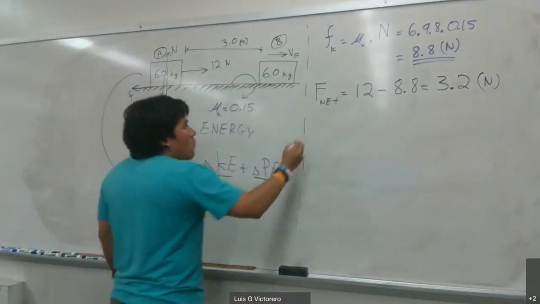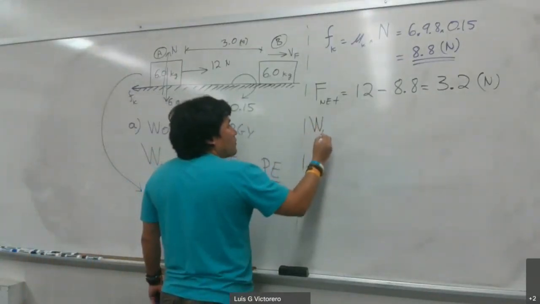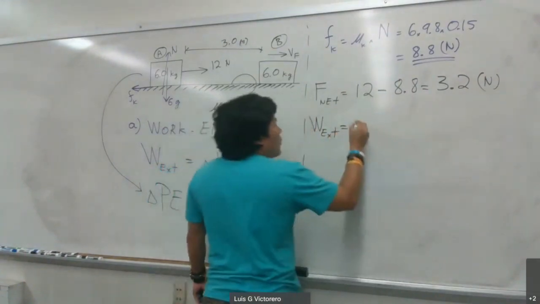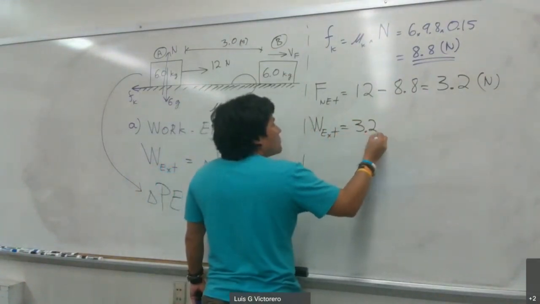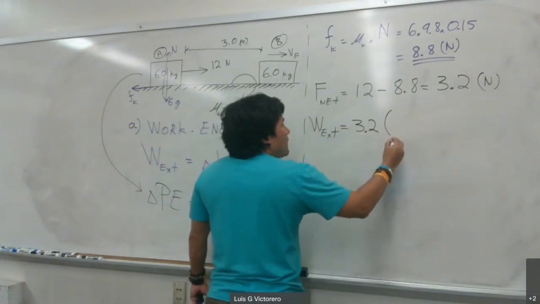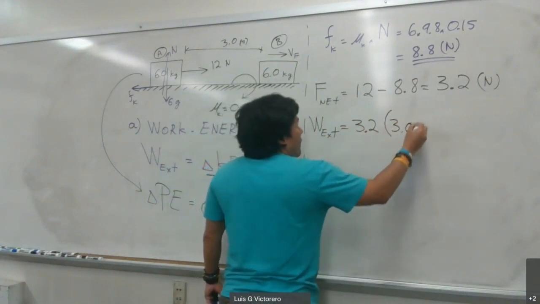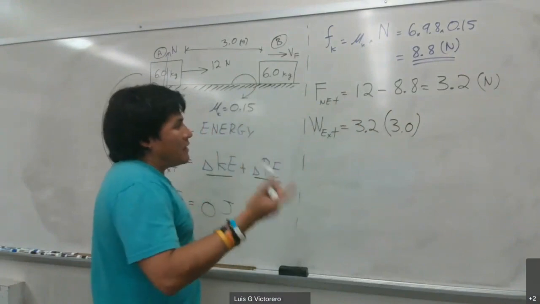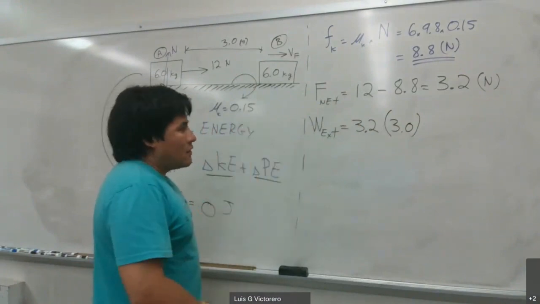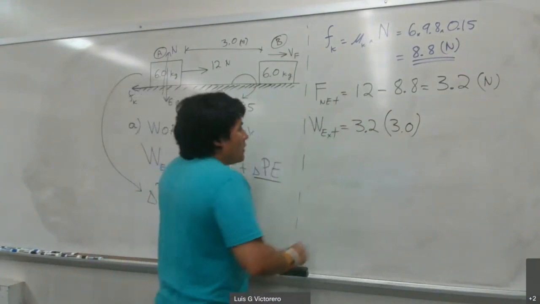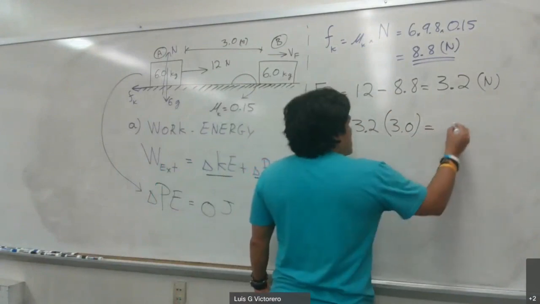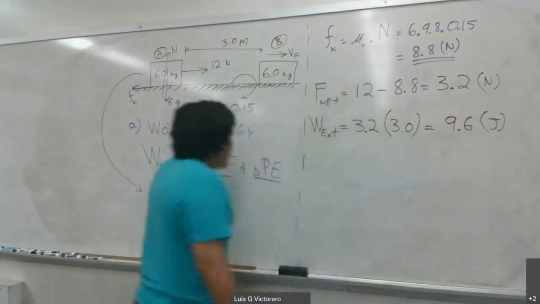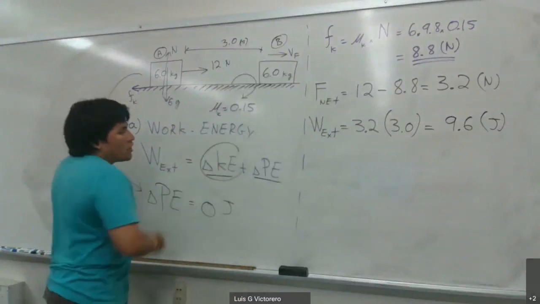So the work done by the external force is 3.2 times 3 meters. Force and distance. I told you that last class, right? In many situations, you're going to use that, magnitude-wise, which is 9.6 joules. But that's equal to the change of kinetic energy.